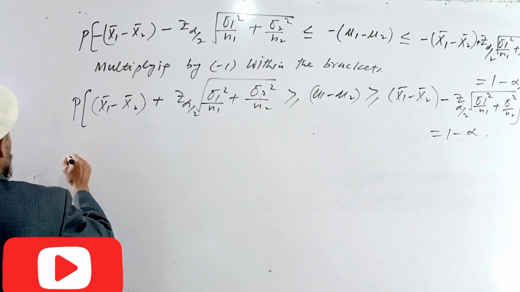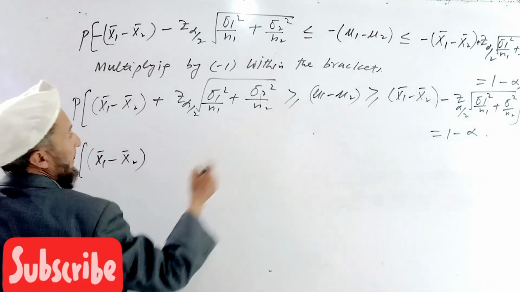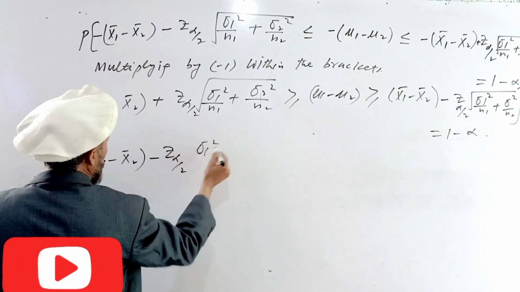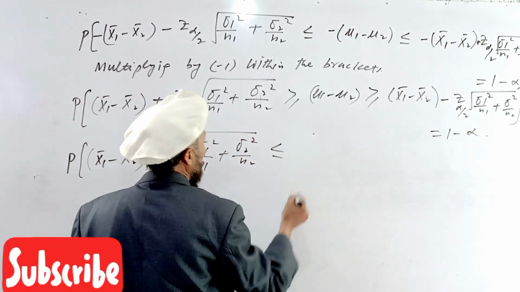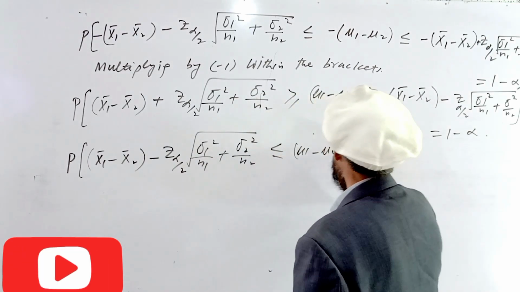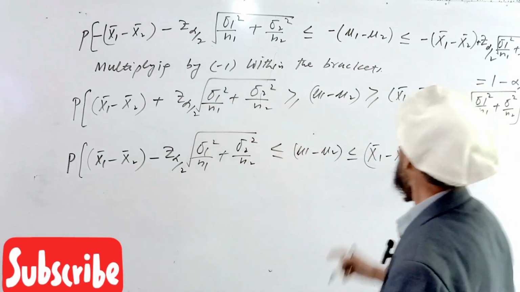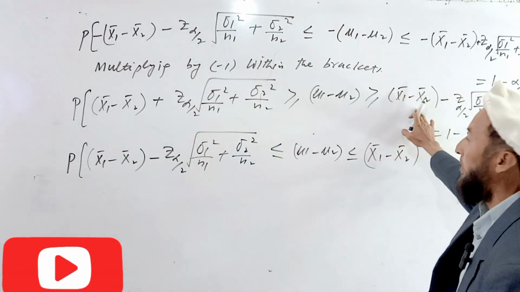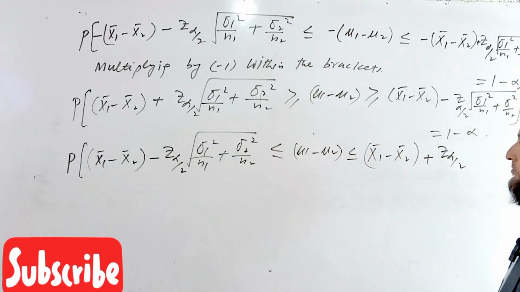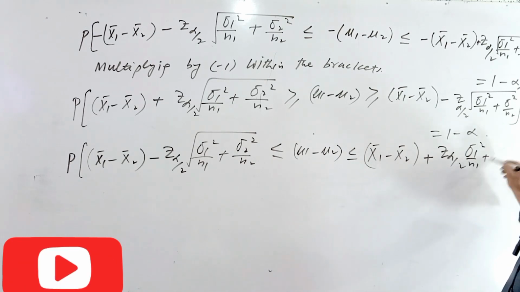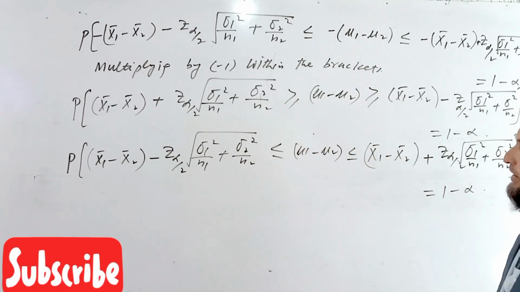So the probability of x1 bar minus x2 bar minus z alpha by 2 times the square root of sigma 1 square divided by n1 plus sigma 2 square divided by n2, less than or equal to mu1 minus mu2, less than or equal to x1 bar minus x2 bar plus z alpha by 2 times the square root of sigma 1 square divided by n1 plus sigma 2 square divided by n2, is equal to 1 minus alpha, which is the required result for the confidence interval.